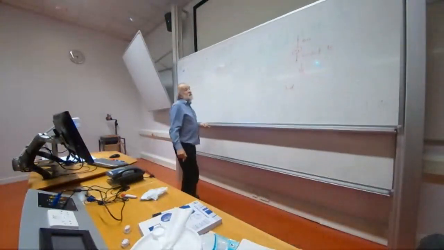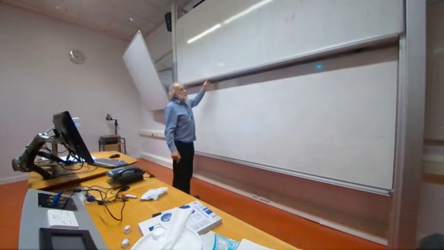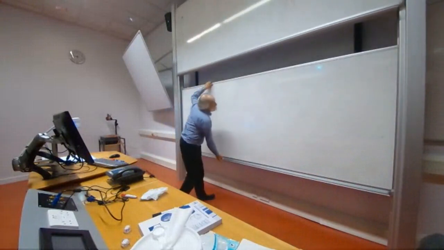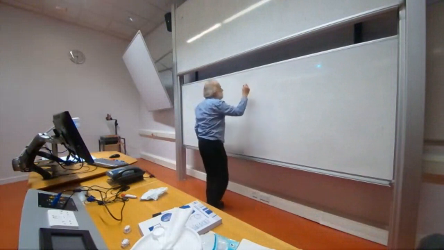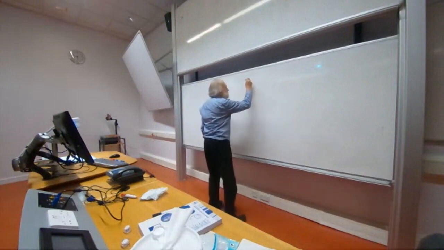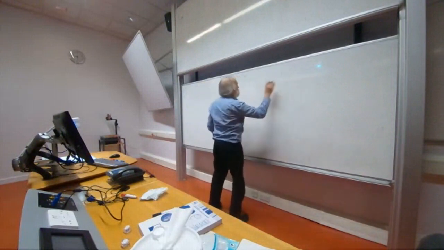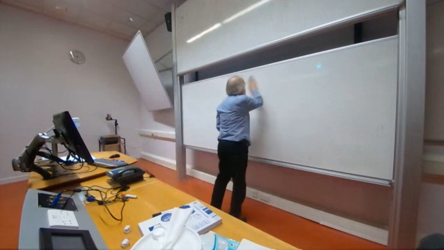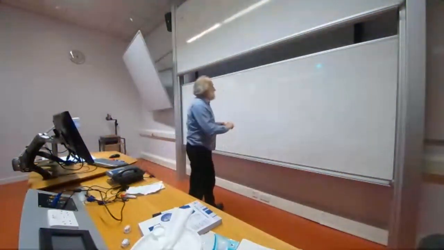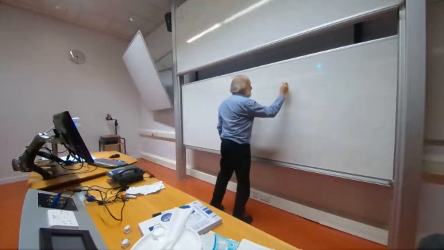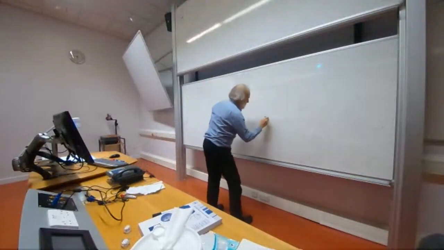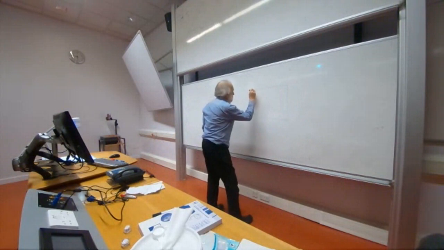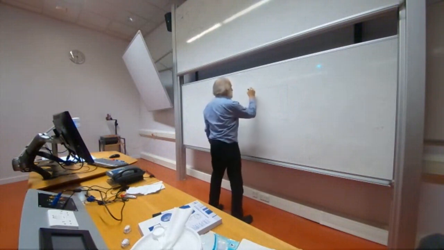Right. Let's see if I can draw this now. Let's have my two-dimensional space. See if you can get your head around this. Draw it as a box. This is dimension 1.